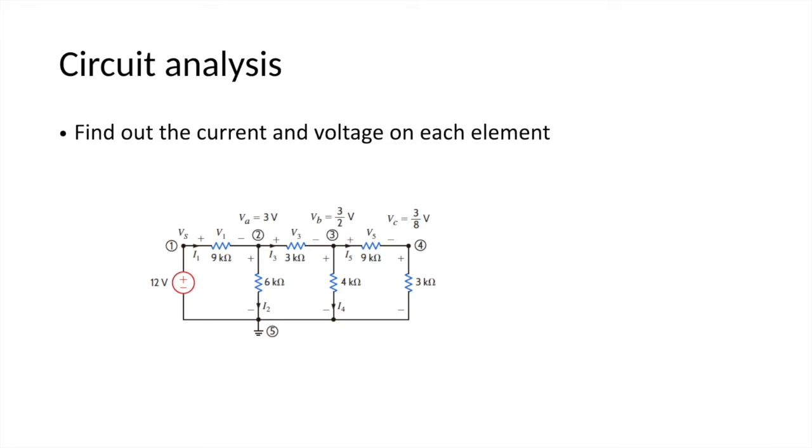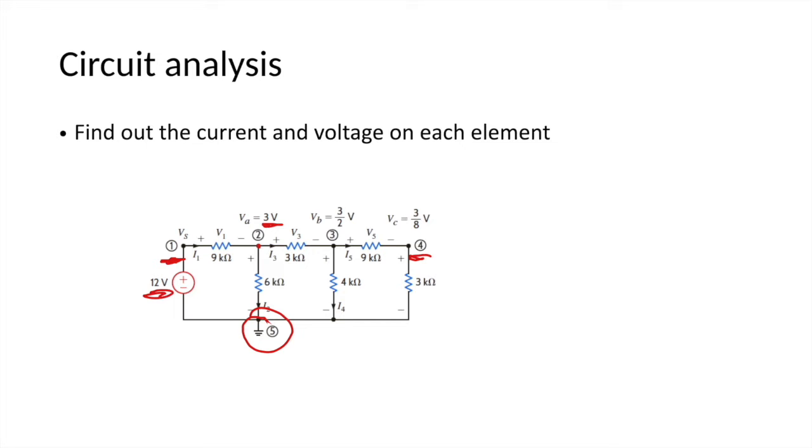In this example, we have node 5 selected as the reference node, that is the ground, and we have node 1 to node 4. In this example, the node voltages are given. The node voltage at node 1 is 12 volts, and the voltage at node 2 is 3 volts.